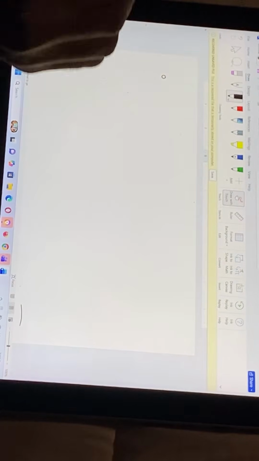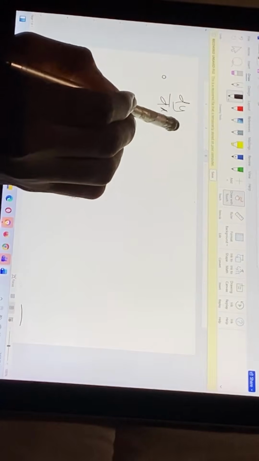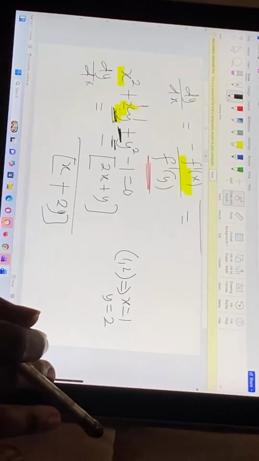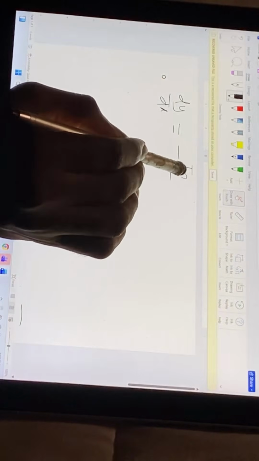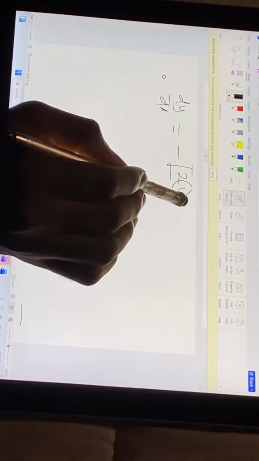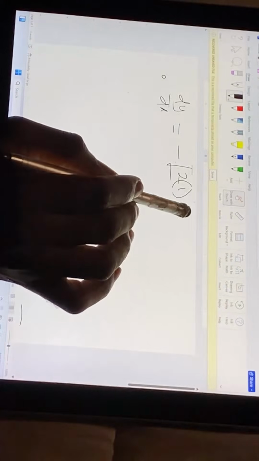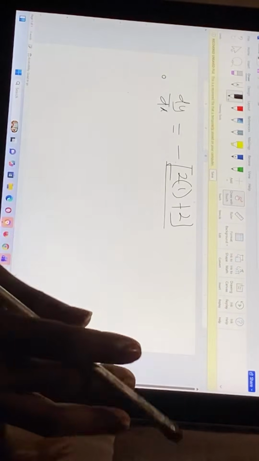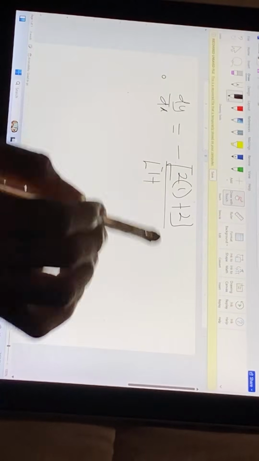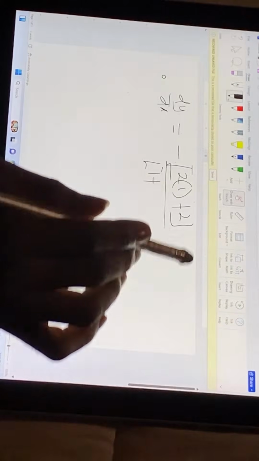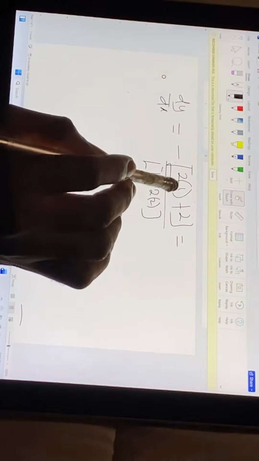Let's see, that is the y over, equal to plus. So, s plus y over, s is 1, y is 2, so I will have 2 here.